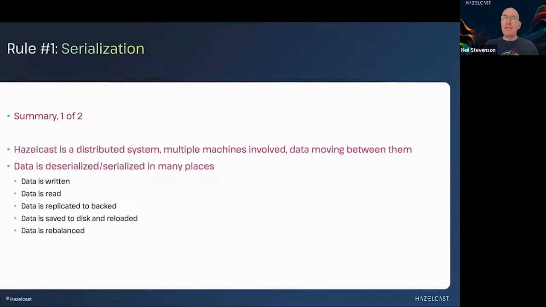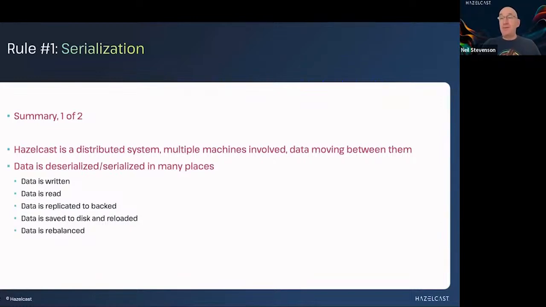So just to summarize, the reason this is our most important one is because it's going to affect you in terms of performance, and it's going to affect you in terms of money. Data is moving about all the time, so that is going to affect the performance of your application. It may affect your billing because of your network and the amount of data.